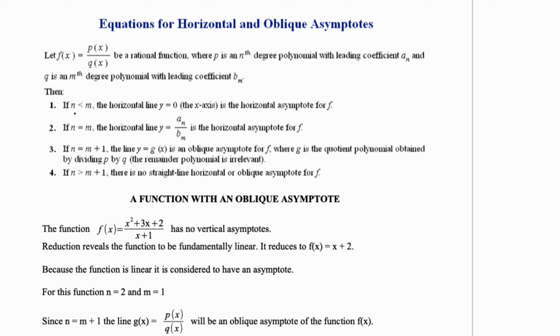It says here that if n is less than m, so if the numerator power is less than the denominator power, then the horizontal line y equals 0 is going to be a horizontal asymptote for the function. If n is equal to m, which is the case for my problem, a horizontal line can be found by dividing the coefficients of the two polynomials.